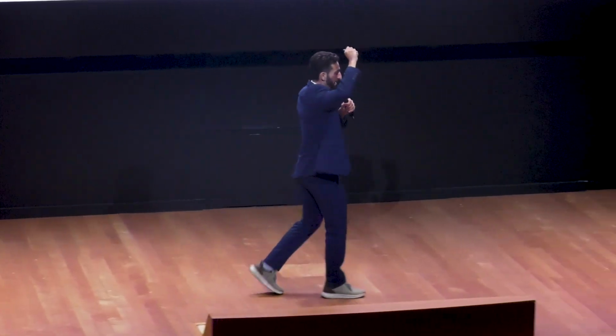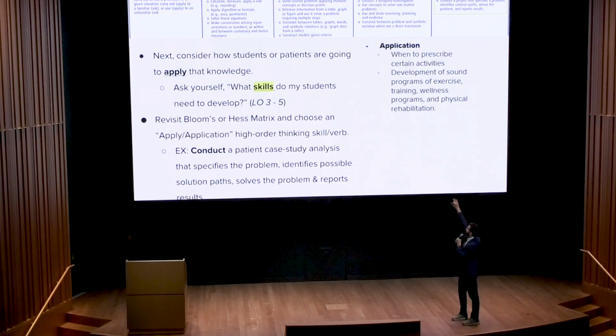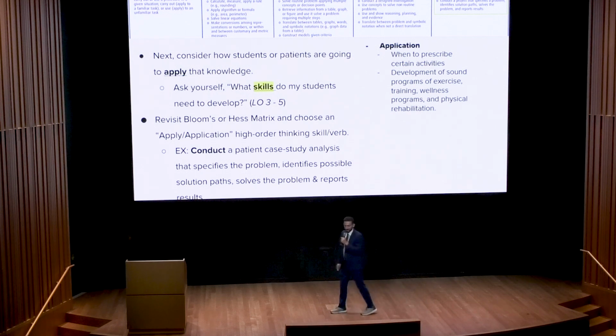So same idea that I did with the Hess Cognitive Rigor Matrix. You could have chosen any of these verbs, I would say in the 3rd or 4th box there. I chose to go really far here, and I said conduct a patient case study analysis that specifies the problem, identifies possible solution paths, solves the problem, and reports results, right?